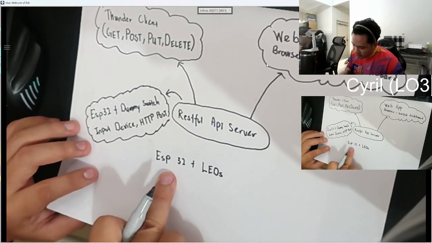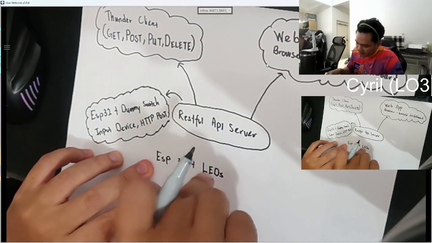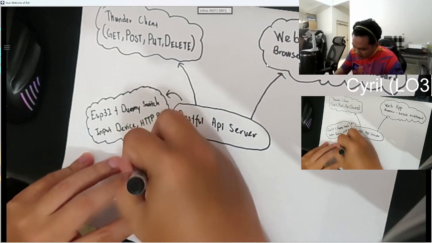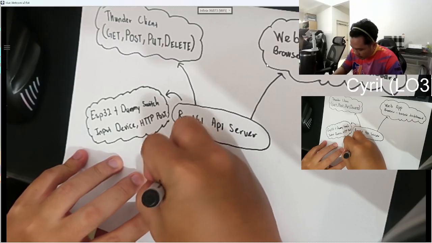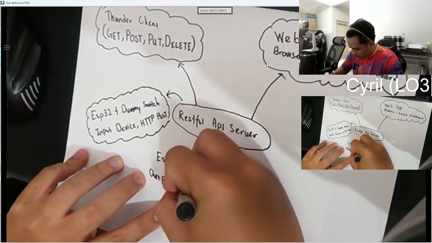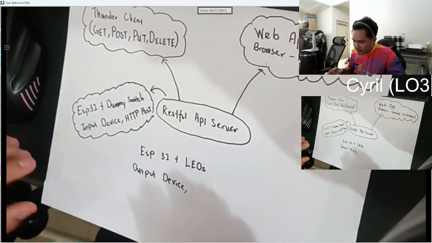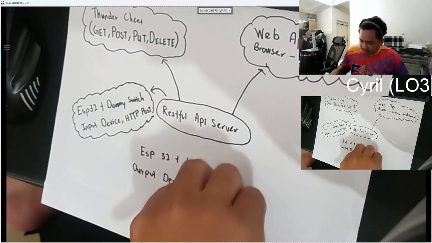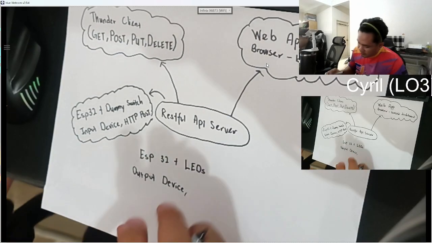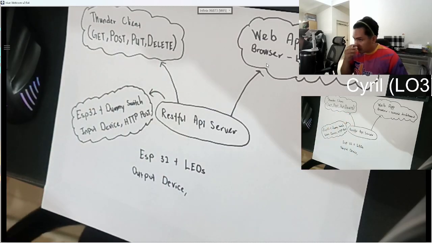But the ESP32 that is connected with LEDs is the output device. So if you have input, you have output, right? The output device is the same as the ESP32 dummy switch, it sends an HTTP request, but it sends an HTTP GET request, not a POST request.